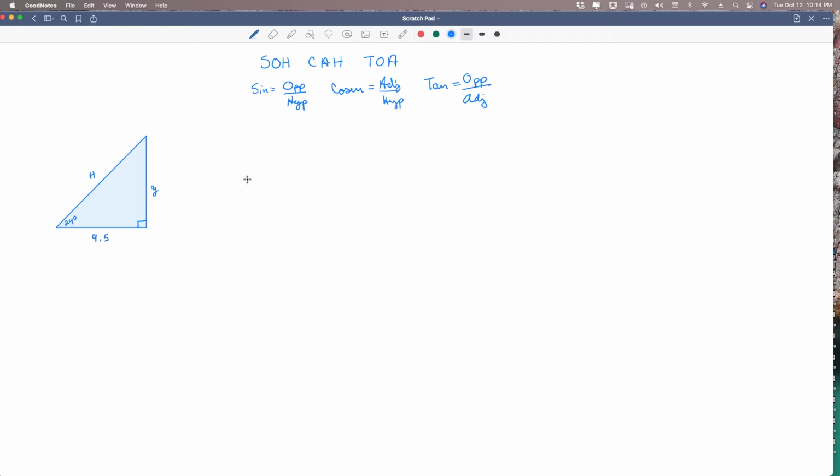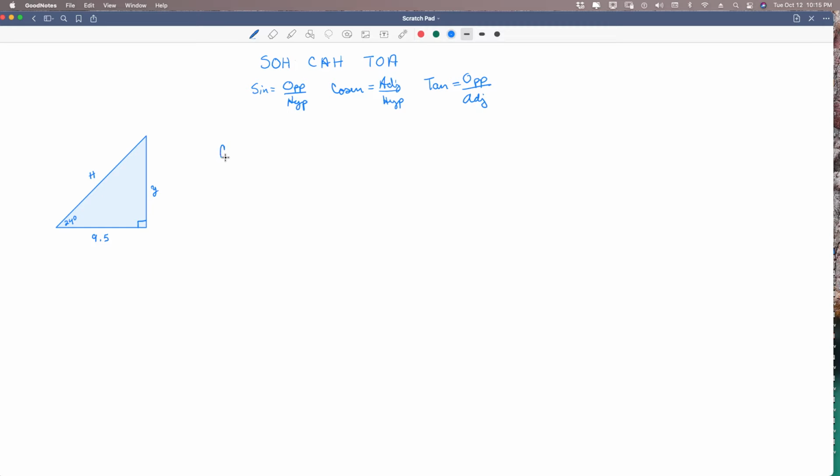If I were to use sine, I would have the sine of angle 24, the opposite would be y, and the hypotenuse. I can't do that. I have two unknowns. I can't find this ratio, so we can't use sine.